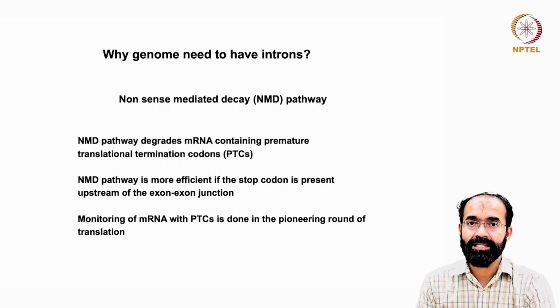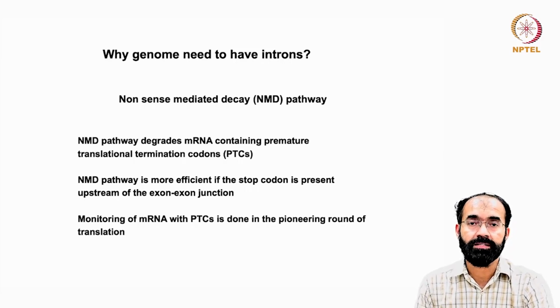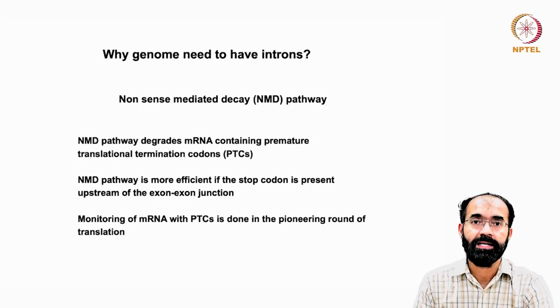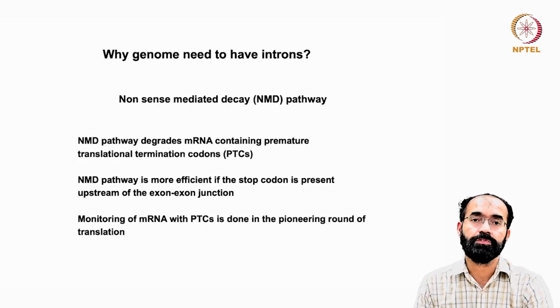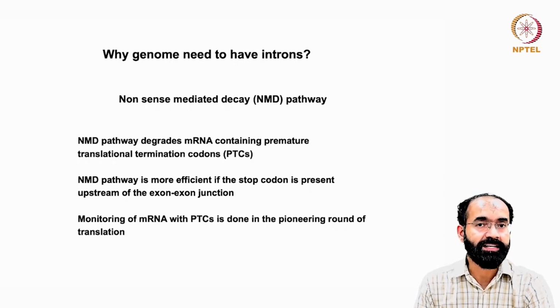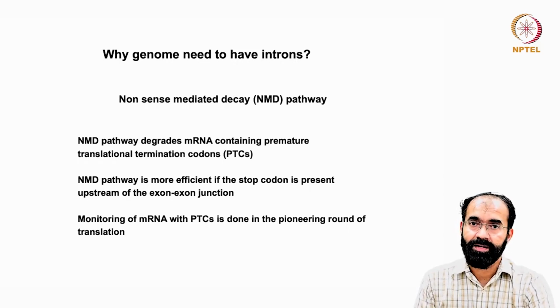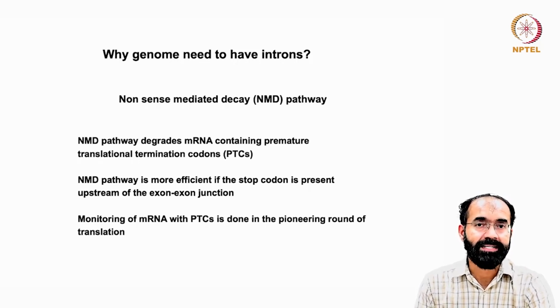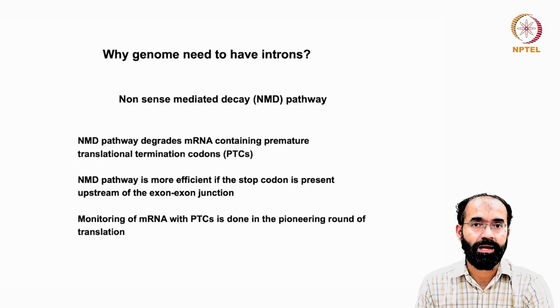Then the system has to recognize that there is a stop codon, that this RNA did not utilize the actual stop codon, rather it utilized a defective or premature stop codon, and this is detected in the first round. So what it indicates is that this RNA, when it is formed freshly from the post splicing event, retains something which marks the exon boundary.